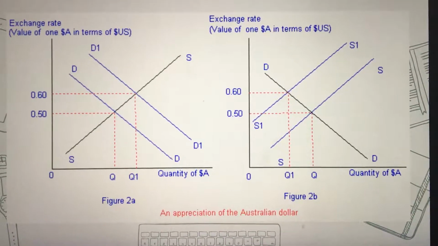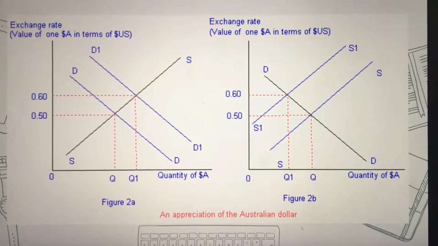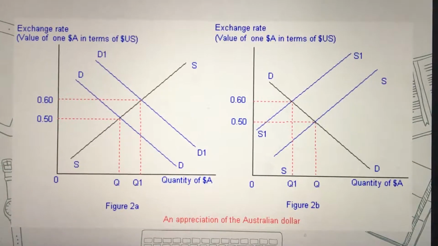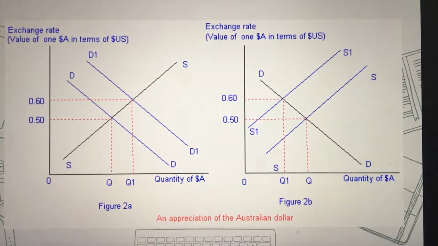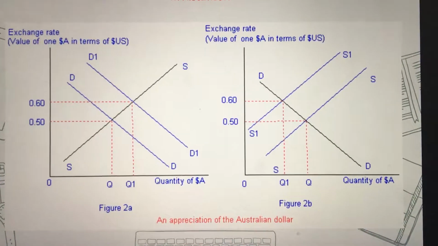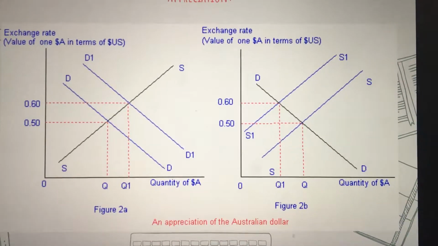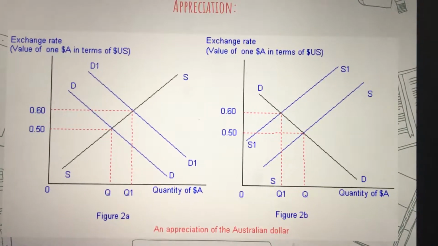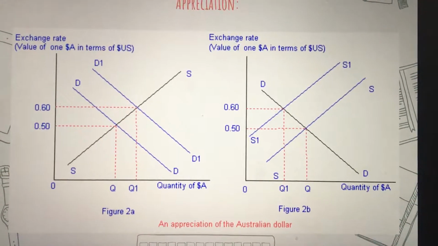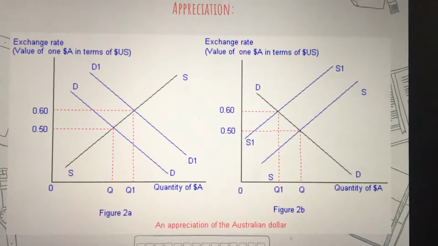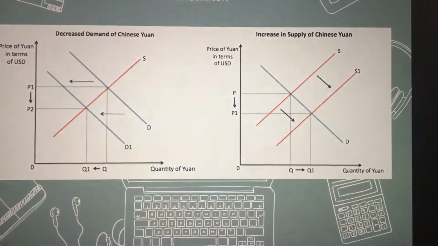And then in figure 2b, we can see that supply is shifting to the left, which also appreciates the currency. And we can see this because now Q1 is at a lower quantity than Q. This is the Australian dollar, but it's applicable to other currencies as well, this is just an example.